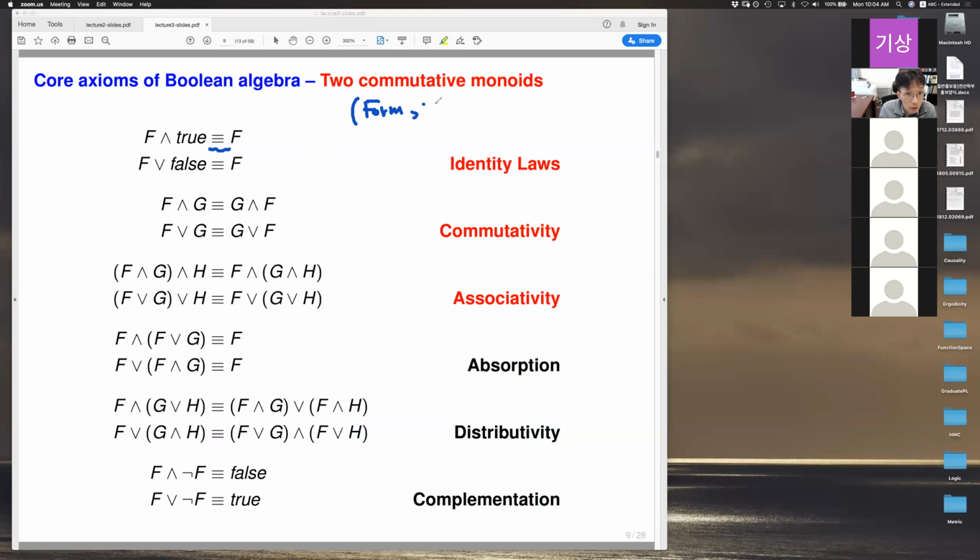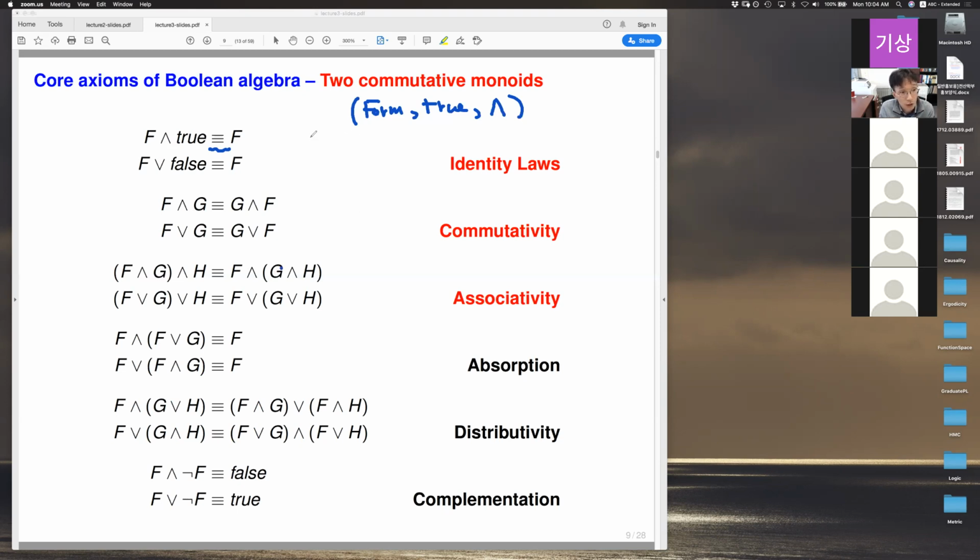The constant of the monoid is true, and the binary operation is AND. The commutative monoid axioms say true should be the unit of the conjunction operation, so it satisfies these identity rules. Because it's commutative, conjunction has to be commutative. And the last one, associativity, is the remaining axiom of the commutative monoid.